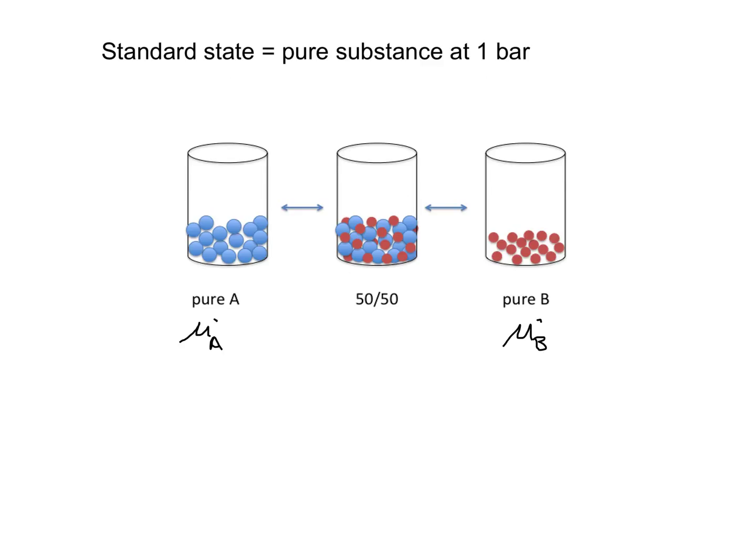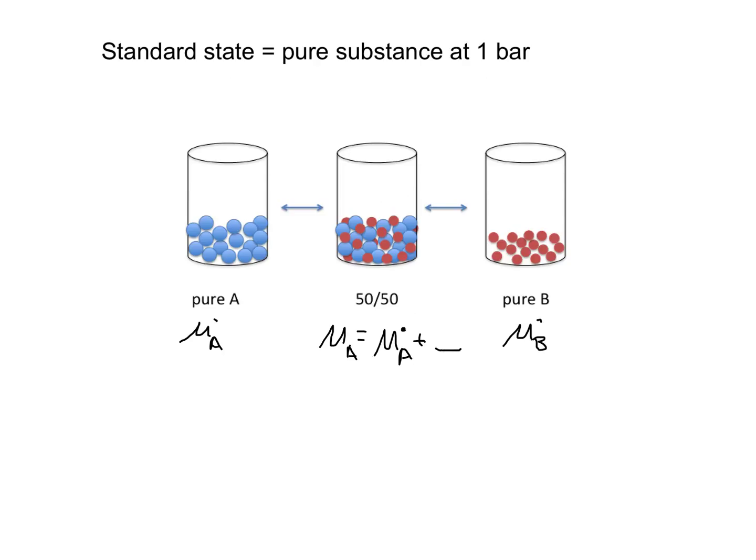The chemical potential of A in the mixture is then equal to the chemical potential of pure A, our reference state, plus a correction for not being pure.